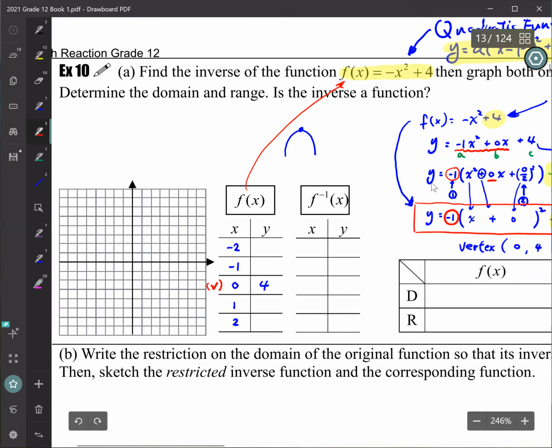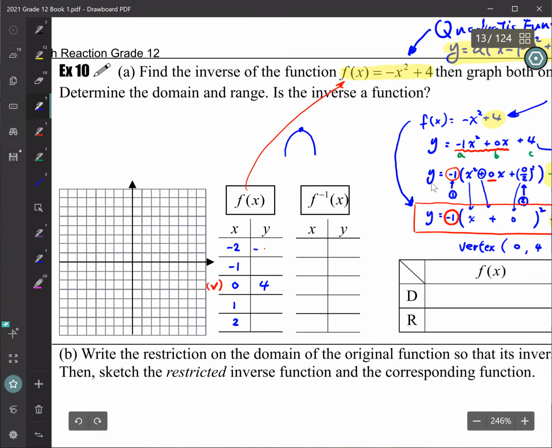Okay, Evan, can you tell us what's the first y value when -2 goes in? Is it 8? Can you tell me how? Don't you plug the -2 into the -x squared?